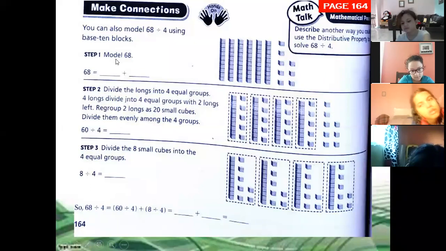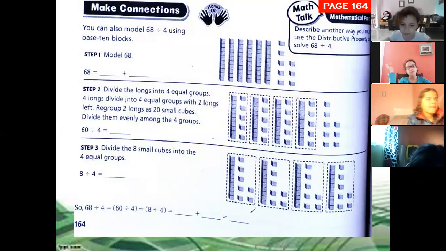Step 1, model 68. So each of these blocks has 10 units. This one has 10. 1, 2, 3, 4, 5, 6, 7, 8, 9, 10. So it is one group of 10.